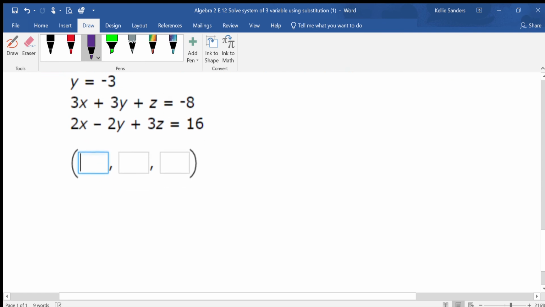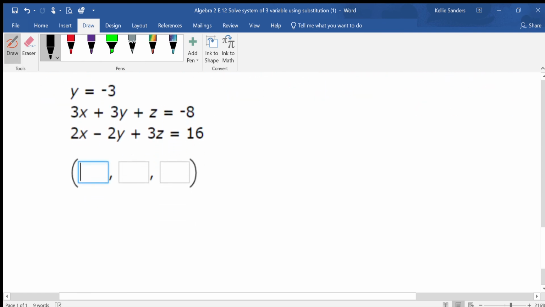Last one. And I have lots of room, yay! Finally. Okay, y equals negative 3.